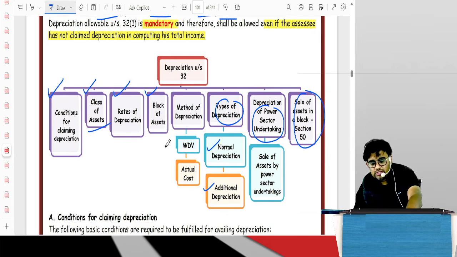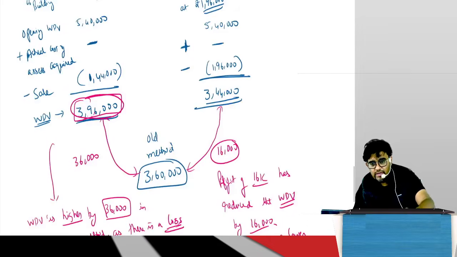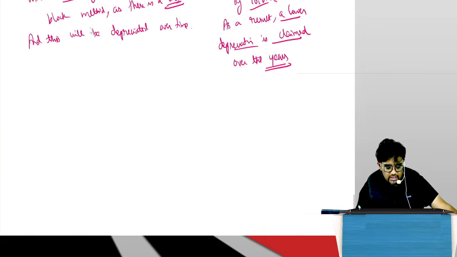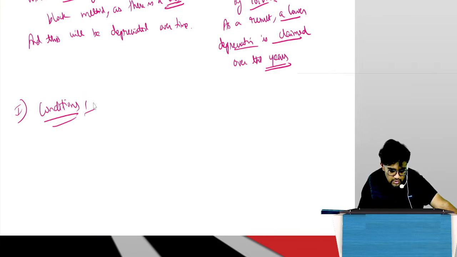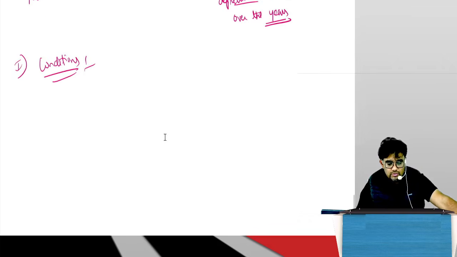First and foremost, write down conditions for claiming depreciation. So you are writing down here, first one, main conditions of depreciation. Important conditions, which you already know. Tell me, assessee must be the owner or tenant? Owner or tenant? What do you think? Owner.